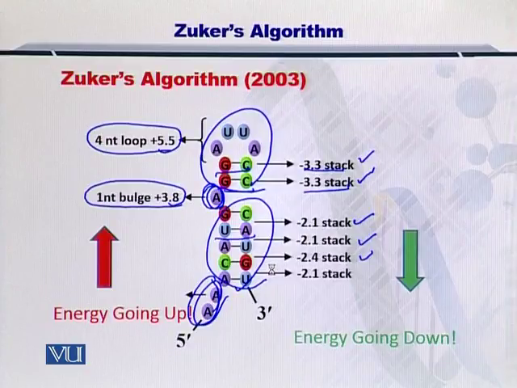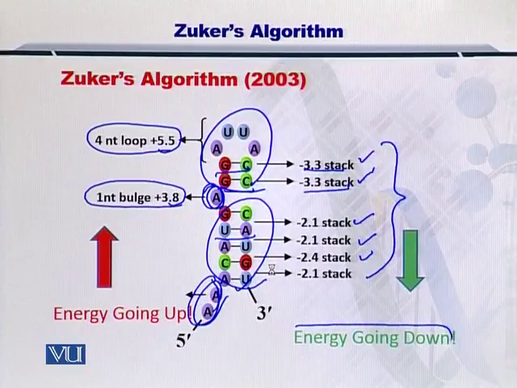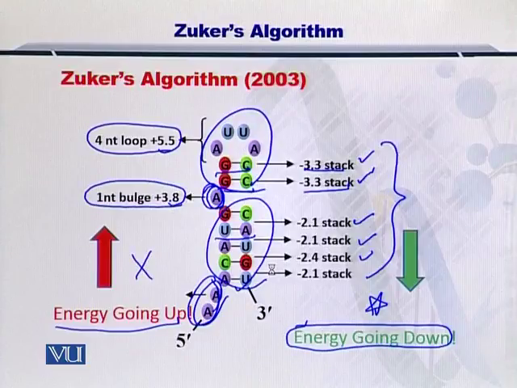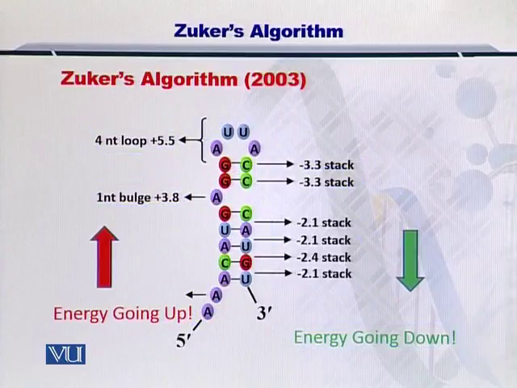You must also note that as a result of these, the overall energy of the molecule is going down. That is good. As a result of these uncoupled nucleotides, the energy is going up, which is bad, right? So you will add them up and arrive at a value for the entire structure.